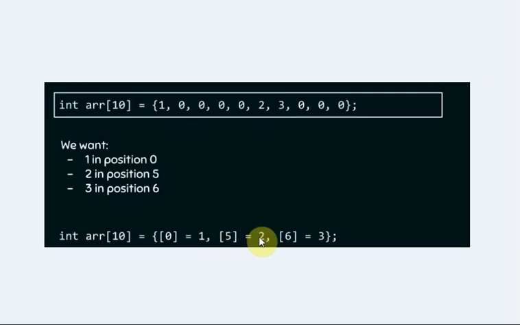I want 2 at the 5th index, I want 3 at the 6th index. So once you mention these values, the array will automatically insert 0 for all other places, right?